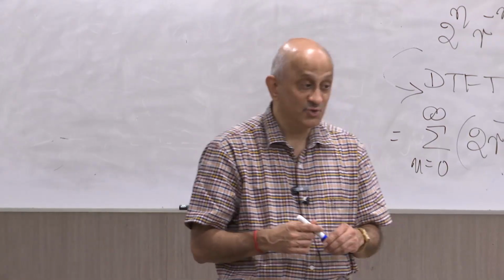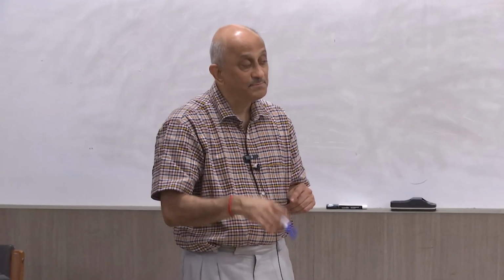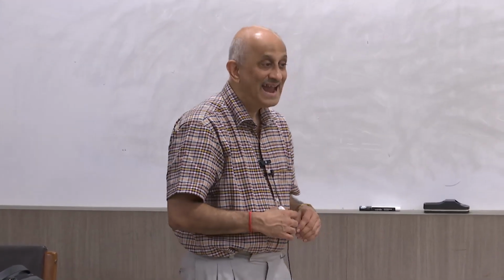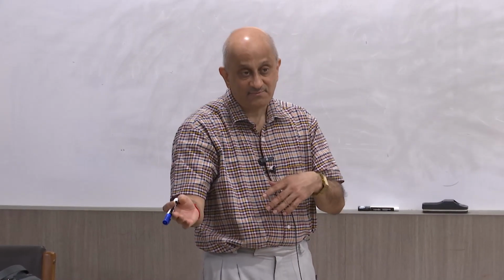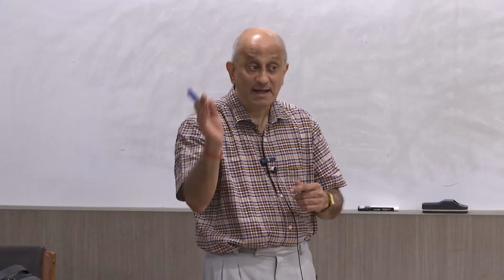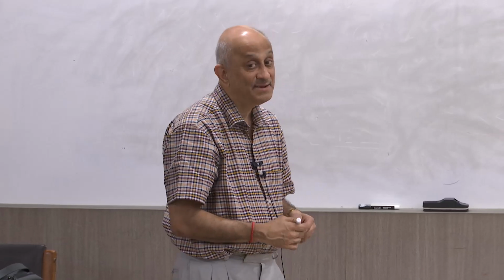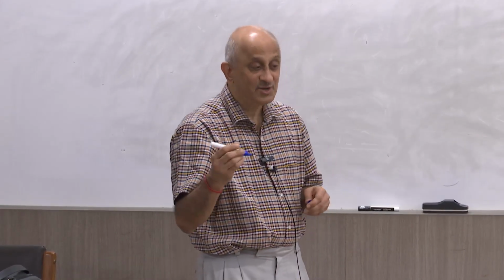That's called the principle of duality. So this principle of duality would tell you that when you sample the Fourier domain, you would get a periodic signal in the time domain, right? And of course, if you already have sampled and taken the discrete time Fourier transform, you sample that, then you would get a periodic sequence, right? That brings you to the discrete Fourier transform, DFT, right? But we haven't dealt with that, okay?